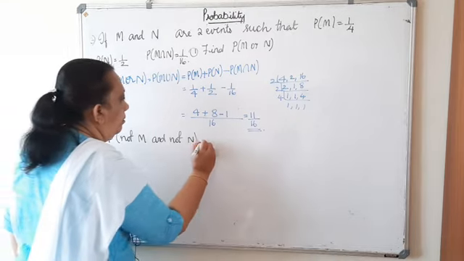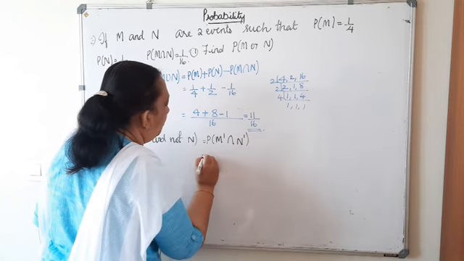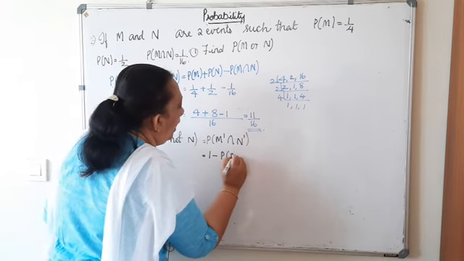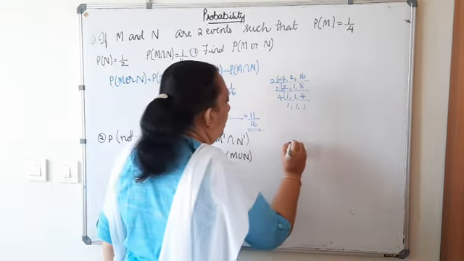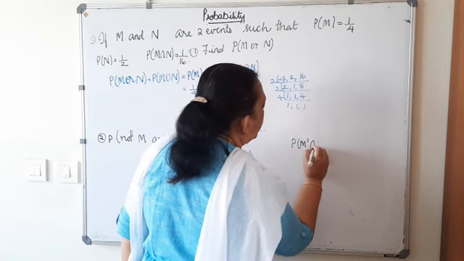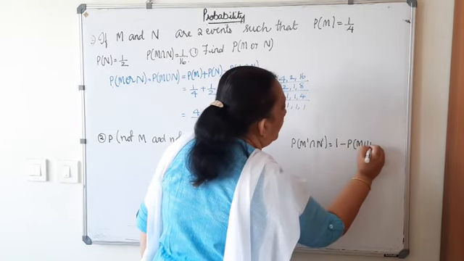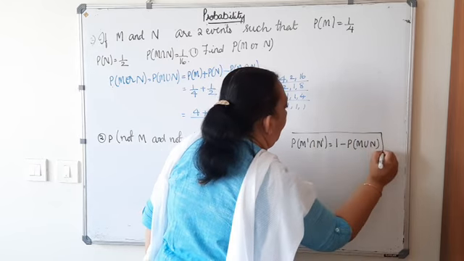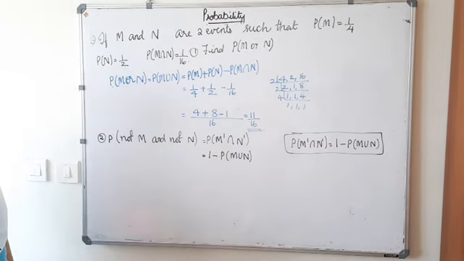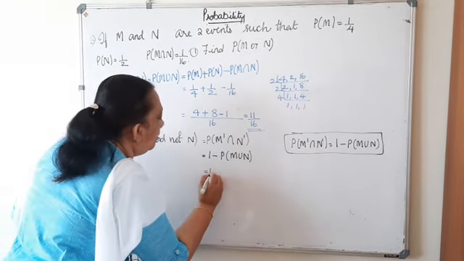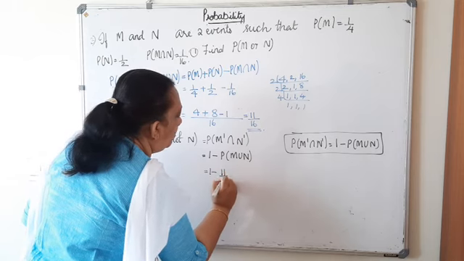This is equal to P of M complement intersection N complement, and there is another formula: P of M complement intersection N complement is equal to 1 minus P of M union N. We have found from the first question that P of M union N is equal to 11 by 16.